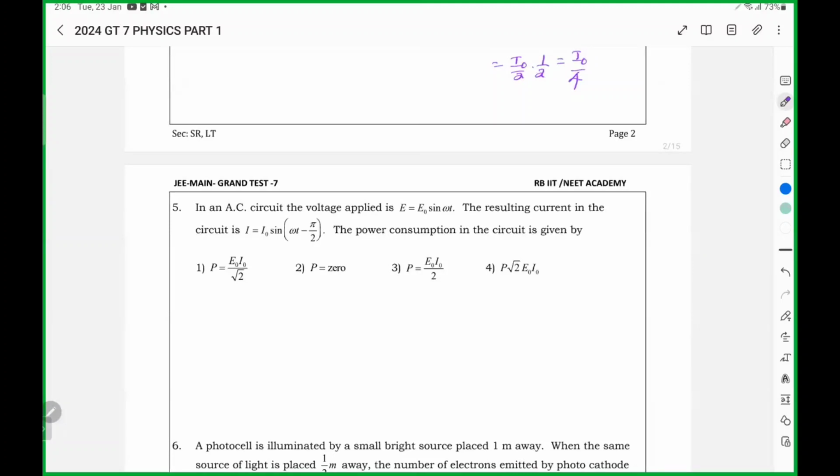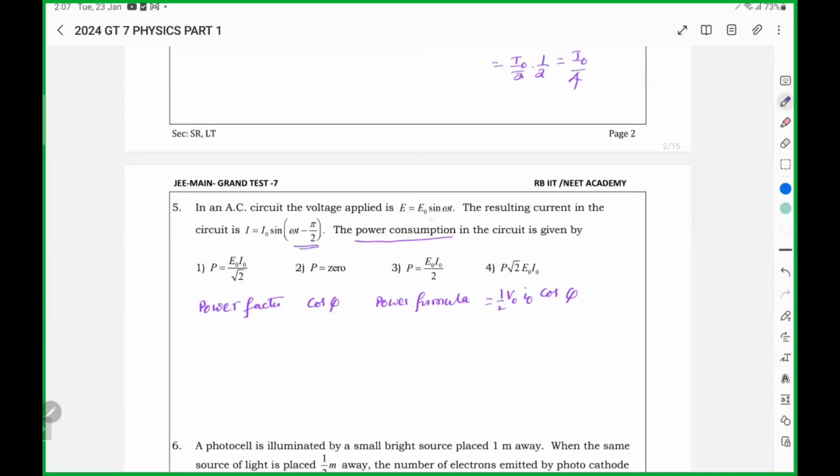Here, power consumption always depends upon the power factor, which is cos phi. We know the power formula, that is half V naught I naught cos phi.